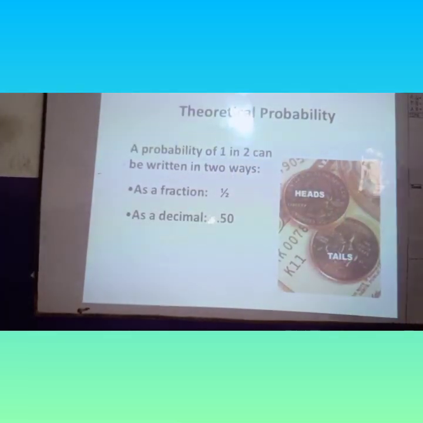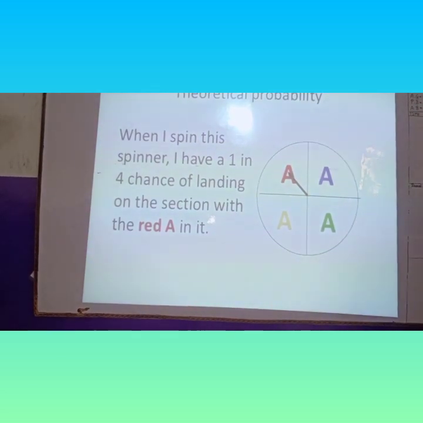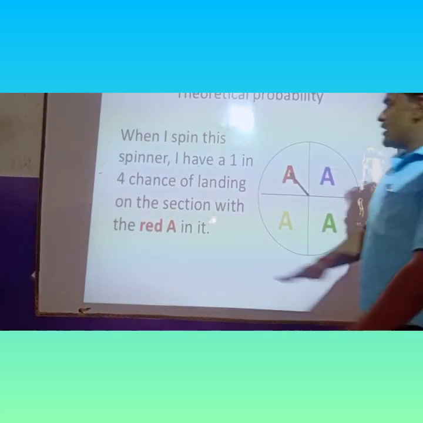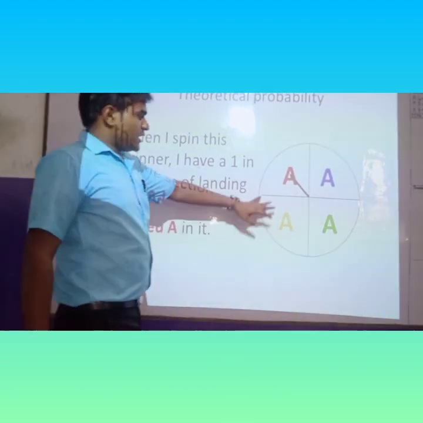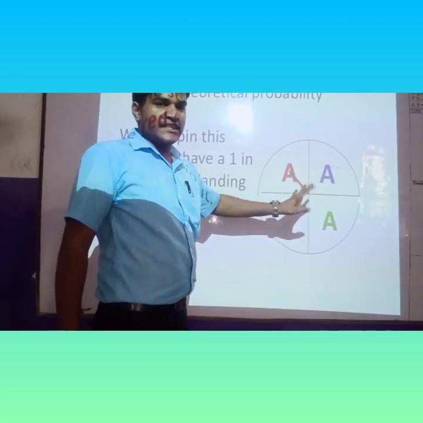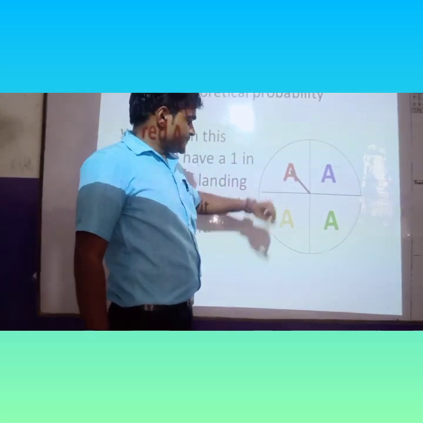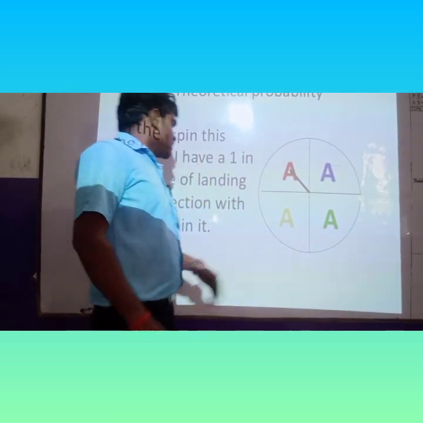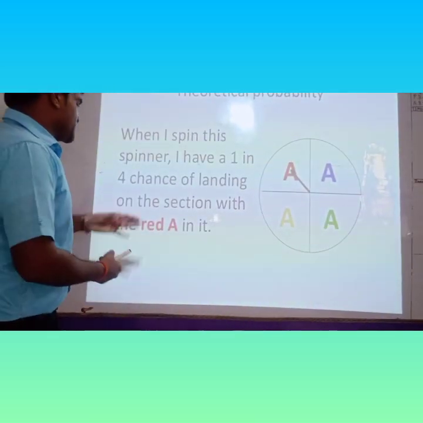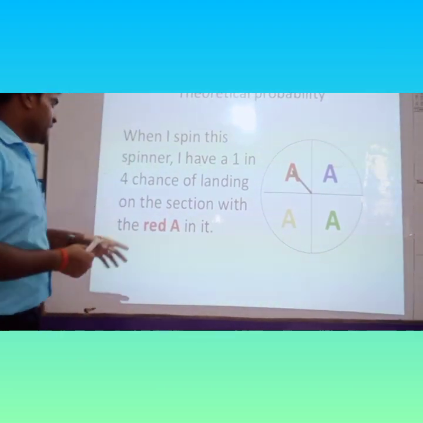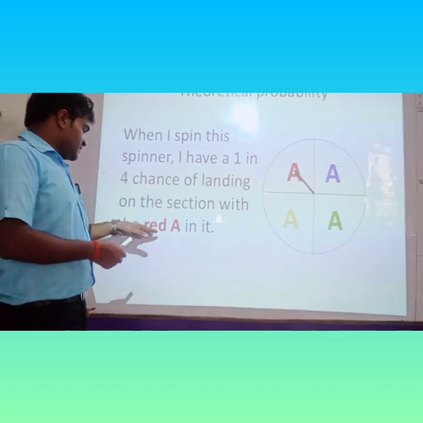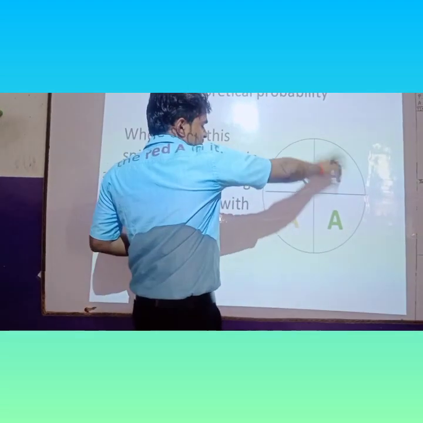And now children, this is also an example of theoretical probability. A spinner is given. In the spinner there are 4 colors: red, blue, green and yellow. So what is the probability of landing on the section with red A when you spin it?